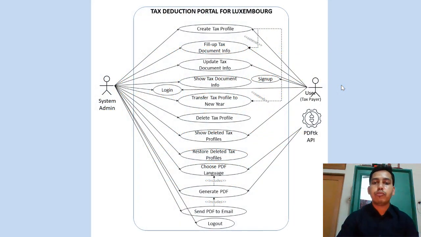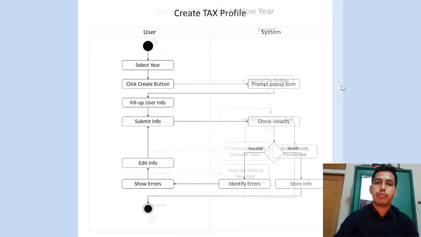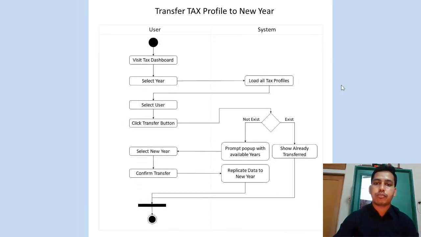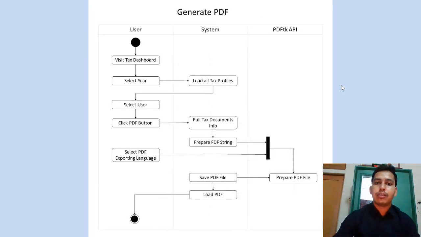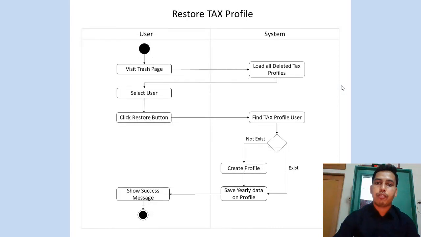Here is the use case diagram, which is based on the functional requirements. I don't want to demonstrate this too much because time is limited. Here are the activity diagrams for user login, creating a tax profile, transferring a tax profile to a new year, generating PDF, deleting a tax profile, and restoring a tax profile.